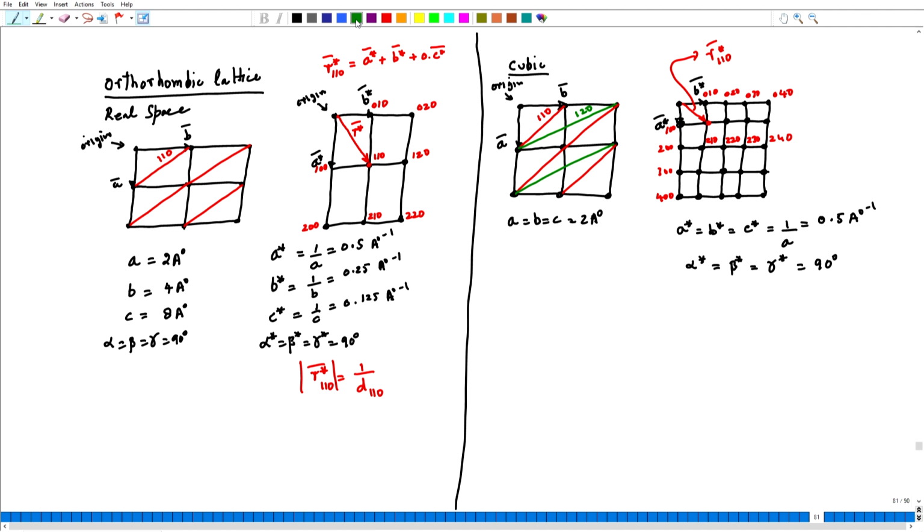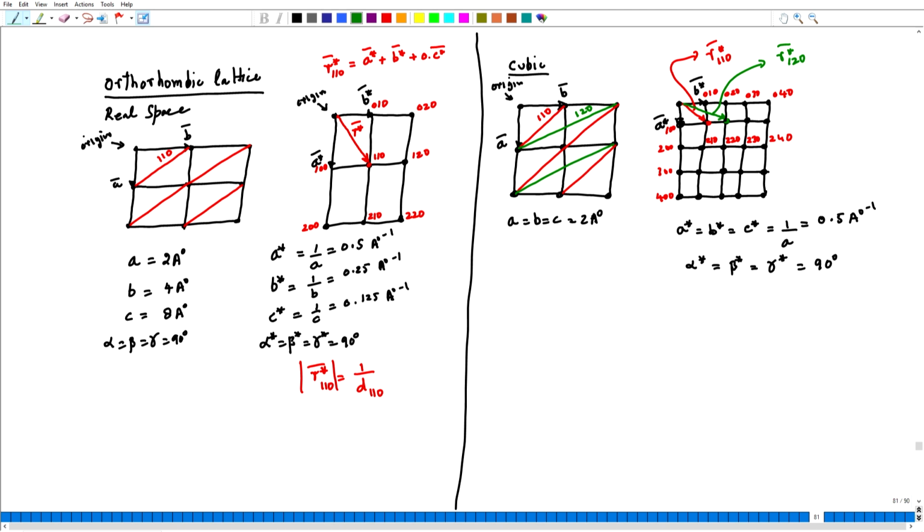So, 1 2 0 will be represented by this particular reciprocal lattice point, and the vector representing these set of planes would be R star 1 2 0, and so on. And these vectors R star of course will be perpendicular to those individual planes.